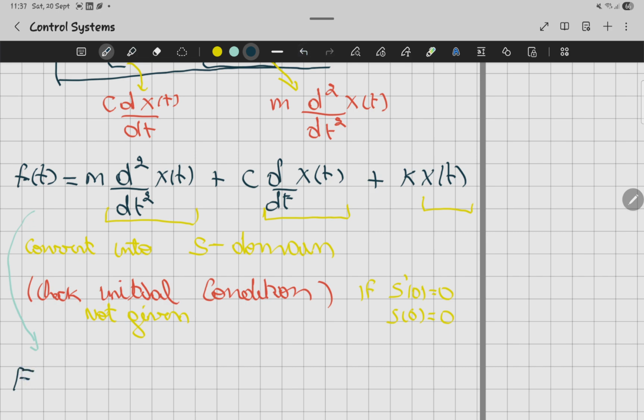It's going to be F(s) equals (m s squared plus c s plus k) times X(s).